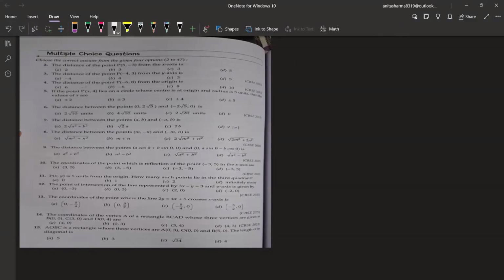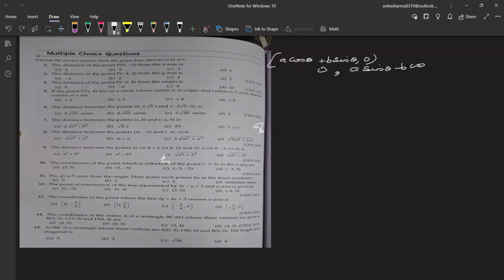The distance between the points, see, A cos theta plus B sin theta, comma 0 and 0, comma A sin theta minus B cos theta.